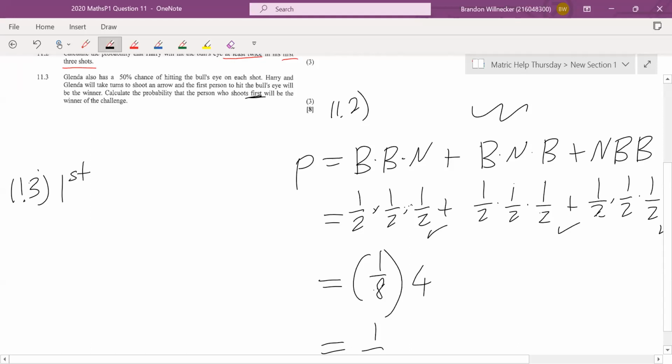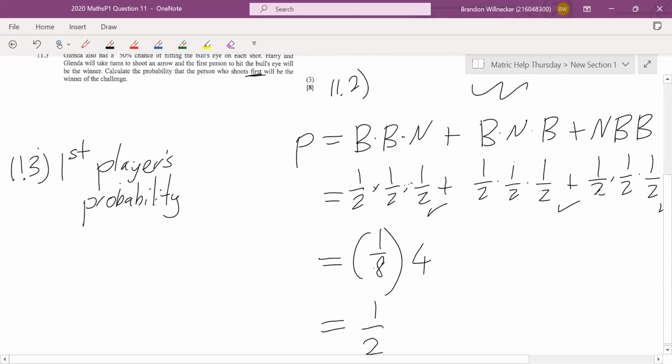Okay, so first player's probability. Okay, so how does that work? Well, if they're going first, that means they have a probability of 1/2. Again, 50-50 shots. Plus, if they're going again, that's going to be the third time that they play, right?